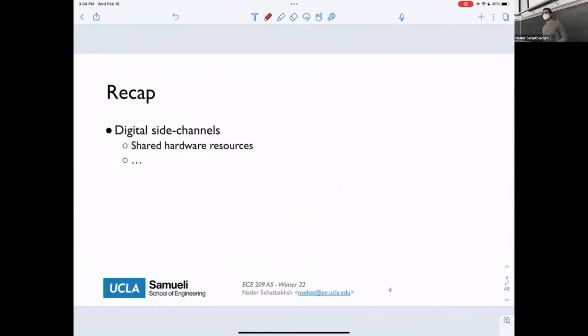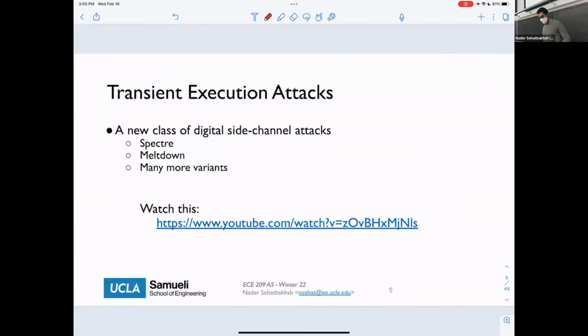Before jumping into the analog side channels, digital side channels itself, until 2-3 years ago, was mainly about contention on resources. But there was a new class of side channels called transient execution attacks, or transient execution side channels, which when it came out a few years ago was a big deal because fundamentally it introduced a new way to attack systems.